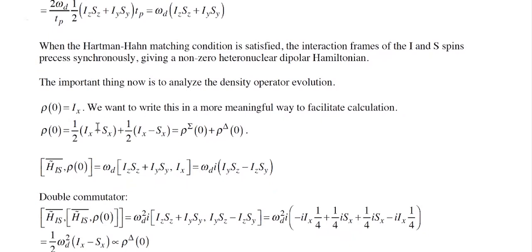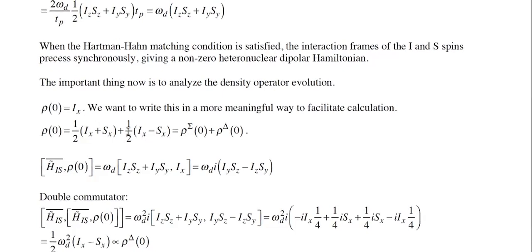I can just make a note that Ix plus Sx is a double quantum operator along the X direction, and the Ix minus Sx belongs to the zero quantum space, and it's a vector in the zero quantum space pointing along the X direction. Okay, but it doesn't matter. We can stick to these normal spin operators. So now the point is I'm going to take the average Hamiltonian, H_IS tilde average, and work out how that's going to evolve my density operator, rho.